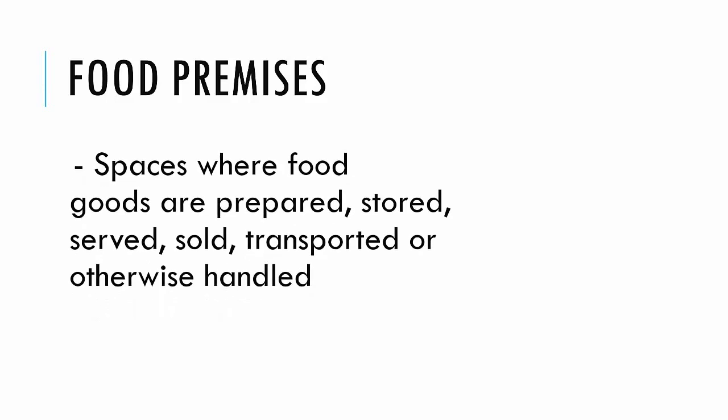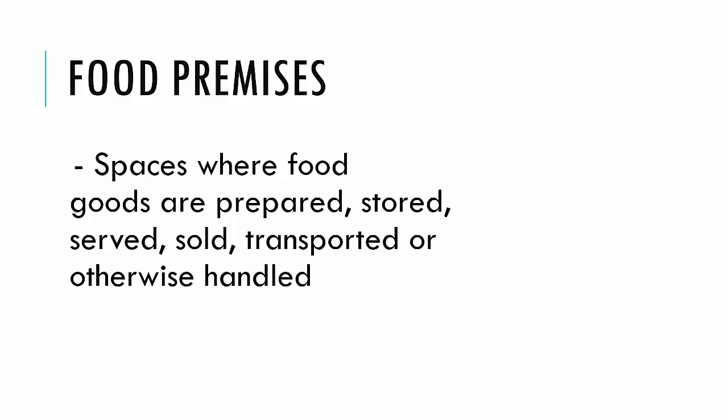Then to the term food premise and what's meant by it. A food premise are all the spaces where food is either prepared, stored, served, sold, transported, or otherwise handled.